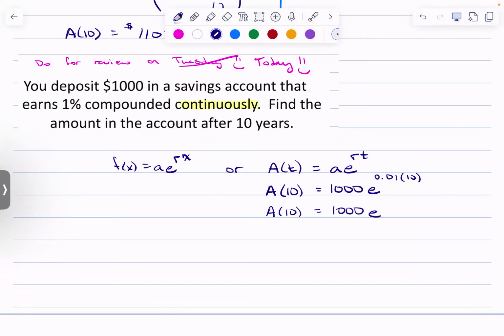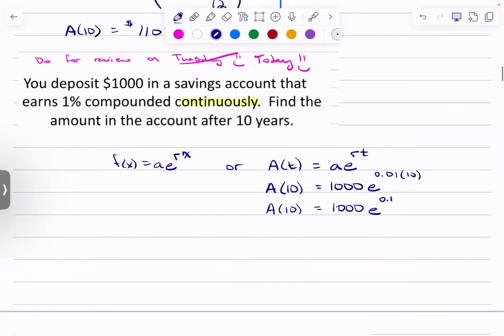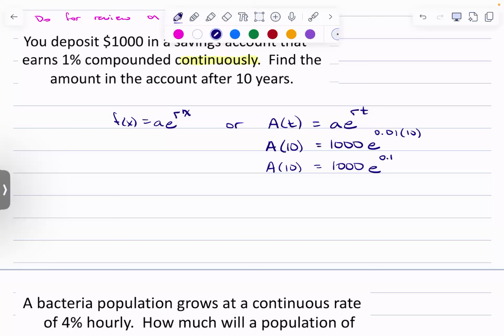We have 1,000 times e to the 0.1. I'll do e to the power of 0.1, and then times 1,000, because it's easier to just go through the calculations, especially because I'm rounding later anyways.